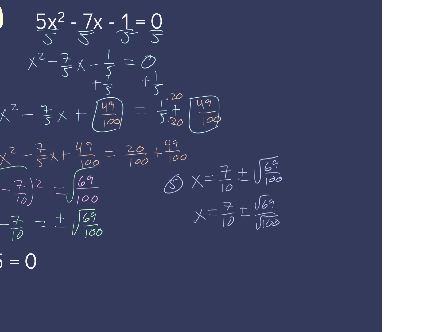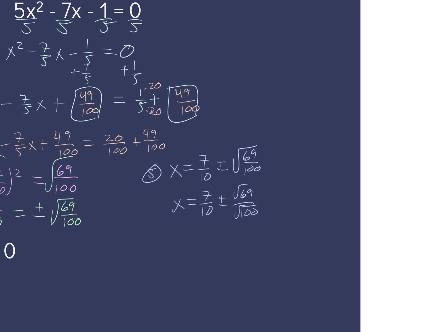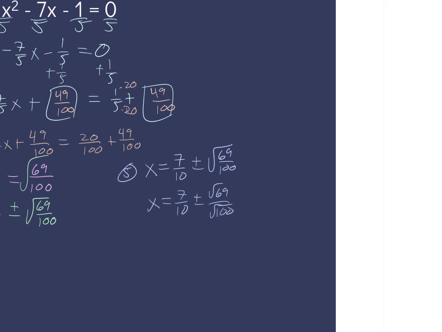You could probably do it in fewer steps if you can recognize what's going on here. I'm just writing it out so that you guys can see it. So this is x equals 7/10 plus or minus the square root of 69/10. And I don't believe 69 has any factors that are perfect squares, nor is it a perfect square itself, so we can leave this as our answer.